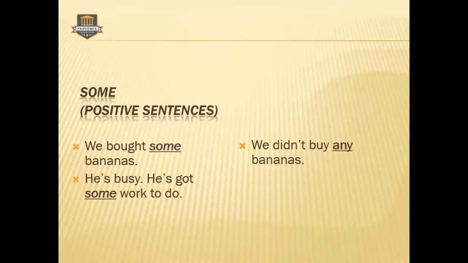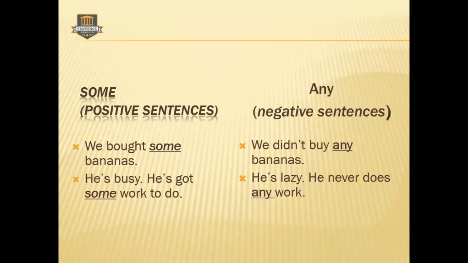We have didn't in it. So this is why I cannot use some here. I used any. He's lazy. He never does any work. And never is equal to not. So this is why I used any. So we use some with the positive sentences. We use any with negative sentences. Okay? With not or with never.